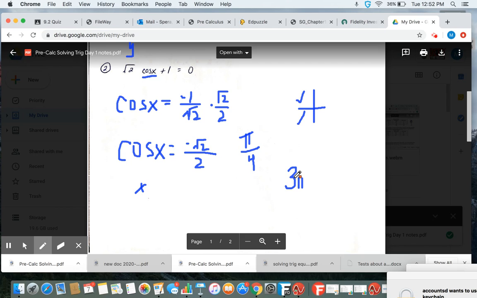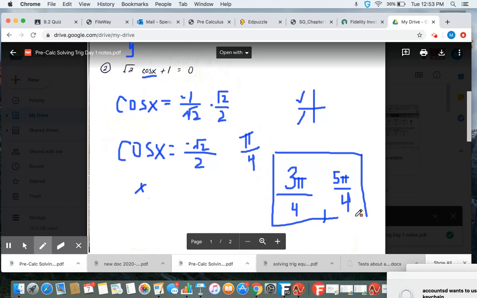So 3 pi over 4, and in quadrant 3, is 5 pi over 4. Okay? Those are our two answers.